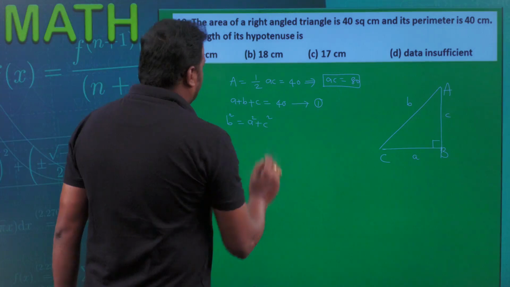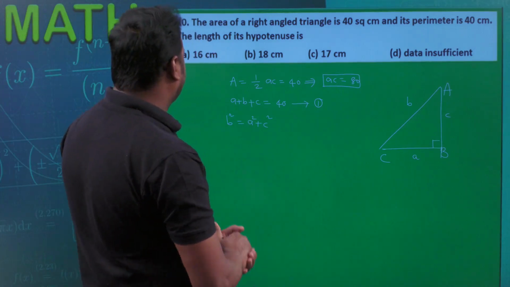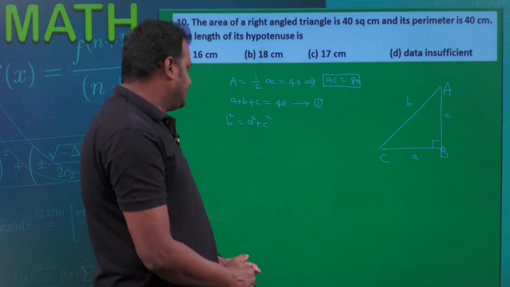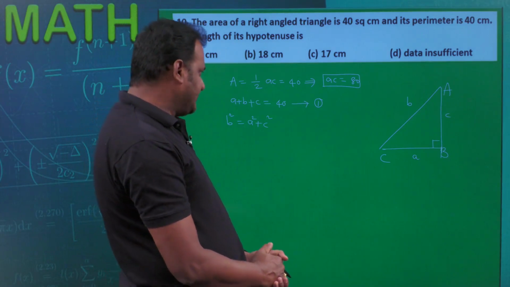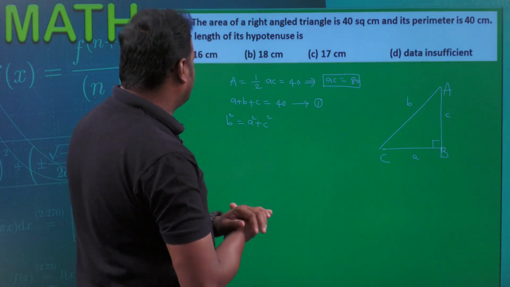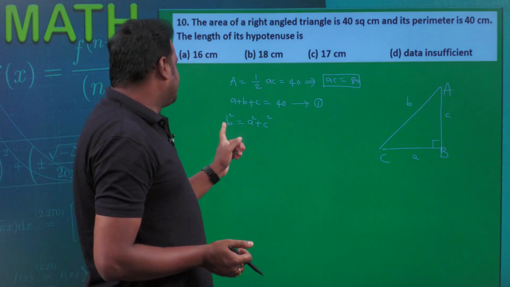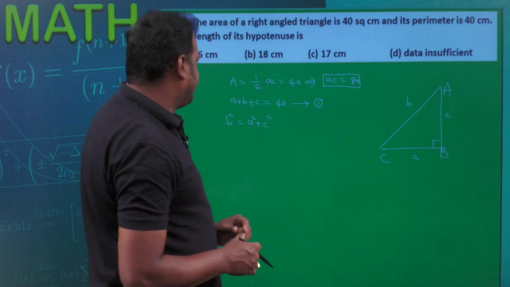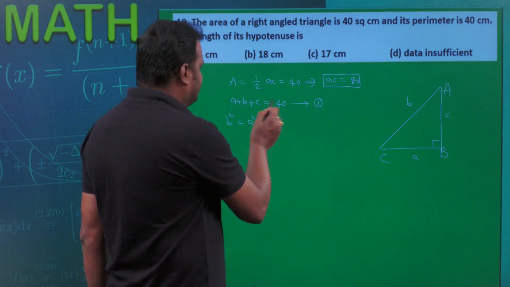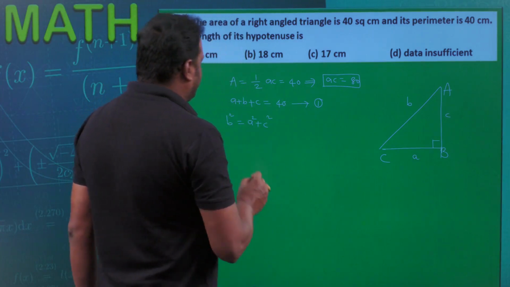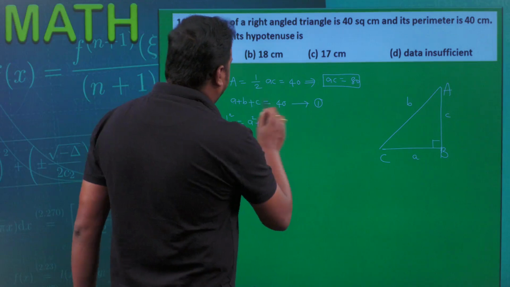So you will have to find out the length of the hypotenuse. The length of the hypotenuse is nothing but the value of b. So how to get the value of b? Where b square is equal to a square plus c square, right? From this, a plus b plus c is equal to 40. What am I supposed to do here?